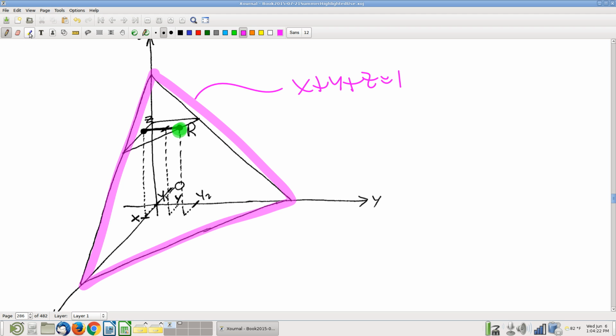Another thing I know about that point is it is on that plane, right? It's on my z slice. In other words, I know what z is. And finally, that point is on that slice. In other words, I know what x is.